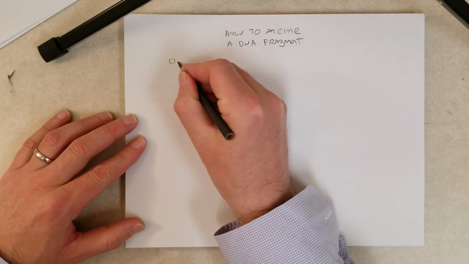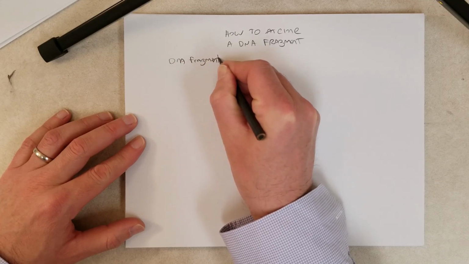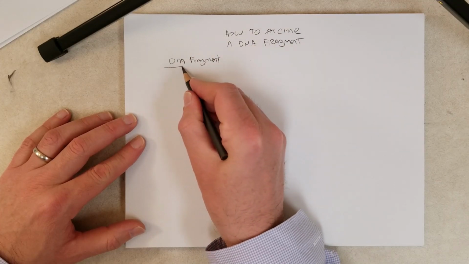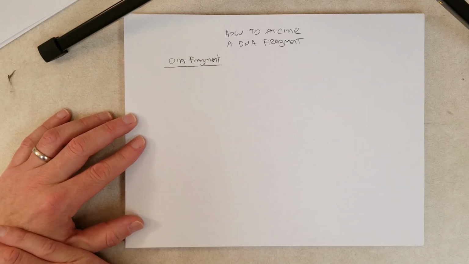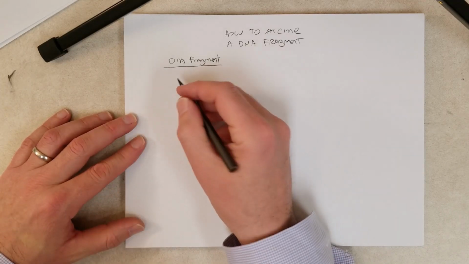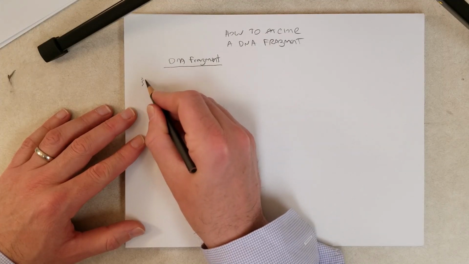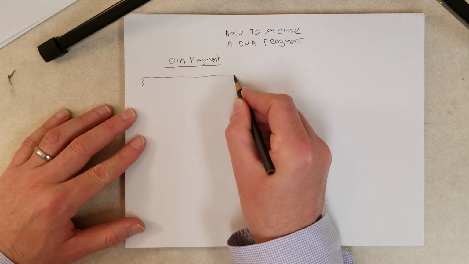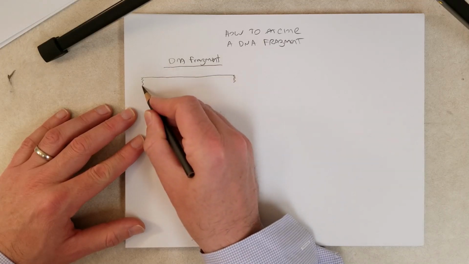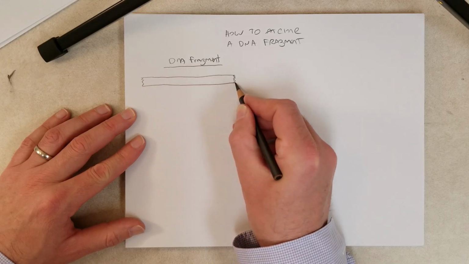So let's assume we are starting with a DNA fragment, and the DNA fragment could contain a gene, it could contain part of a gene, it could contain an intergenic sequence. You know, it doesn't matter. And let's not worry about how we got the DNA fragment. I mean, we could have gotten it by PCR, we could have chopped up genomic DNA and we have a random collection of DNA fragments.